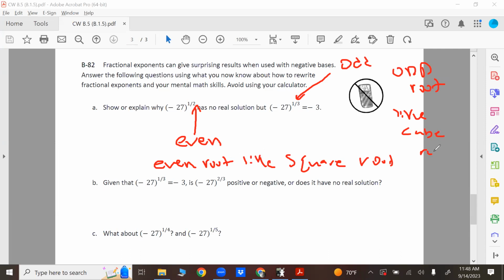You can odd root negative numbers. You cannot even root negative numbers. Can't happen because you can't multiply a negative number an even number of times and have it be negative. It's going to be positive. So given that negative 27 raised to 1/3 power is negative 3, now let's do this one here. Is that positive or negative or does not have a real solution? Well, here's how you can think of this.